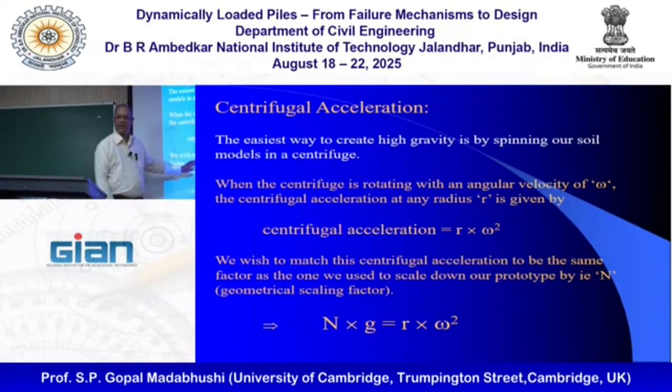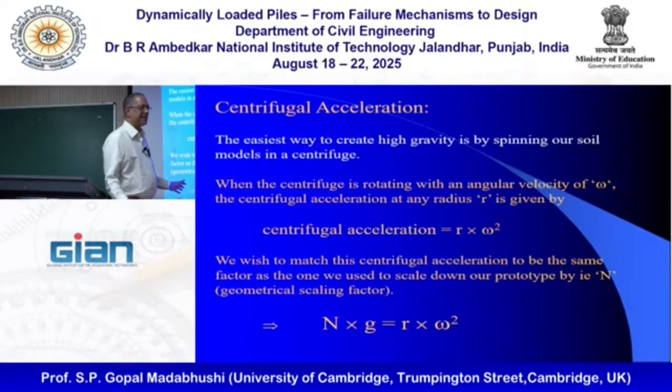So this is very straightforward. All I have to do is create an object that rotates, and I'll organize the angular velocity omega such that ng is equal to r omega squared. R is the radius at which I'm going to hold the model and spin.